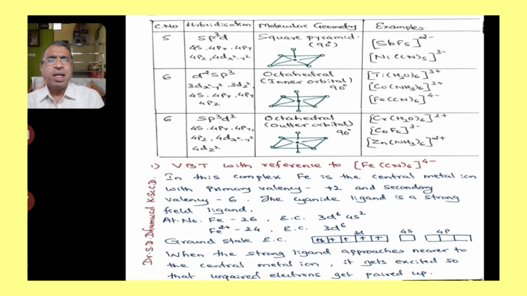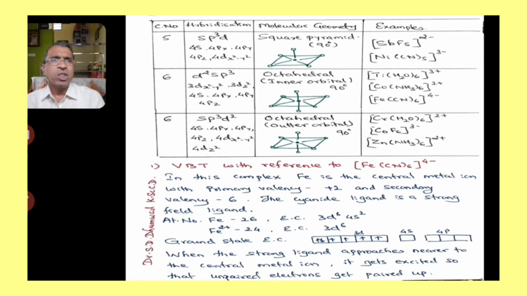Now, let us take the first example, the hexacyanoferrate 2 ion. In this ion, iron is the central metal ion with primary valency +2 and secondary valency 6. Secondary valency is nothing but the coordination number. Since 6 ligands are attached, the secondary valency is 6.